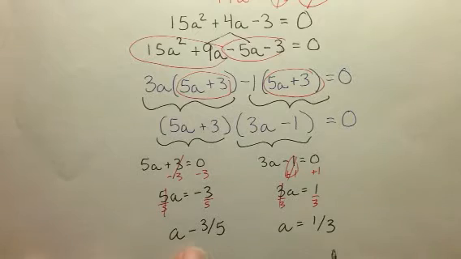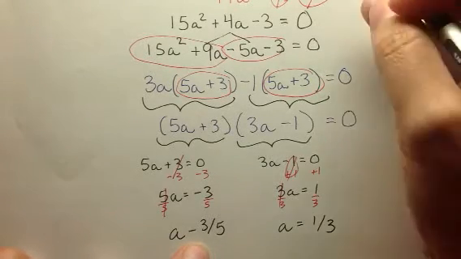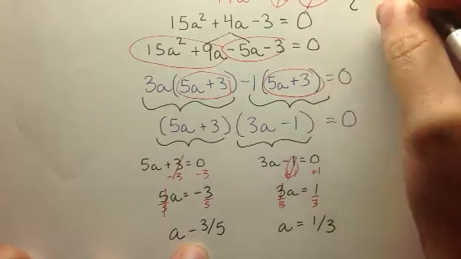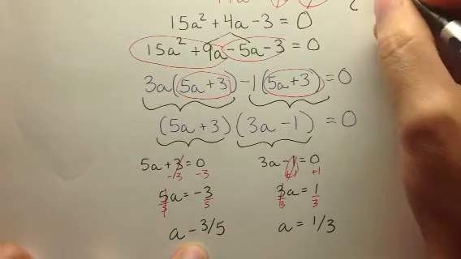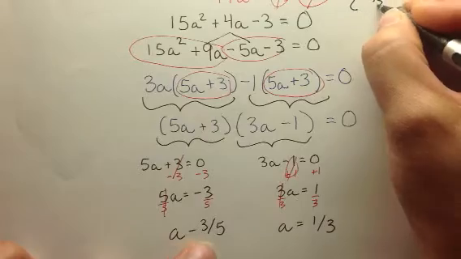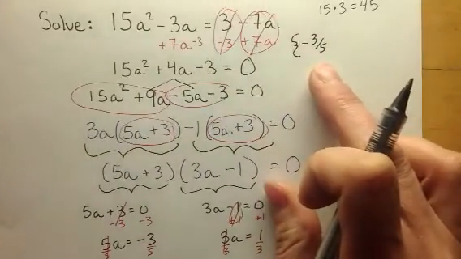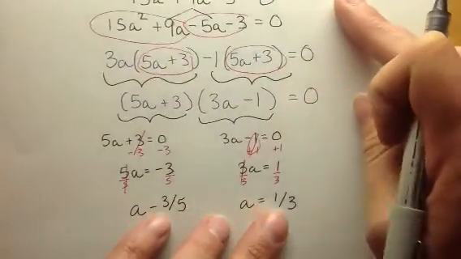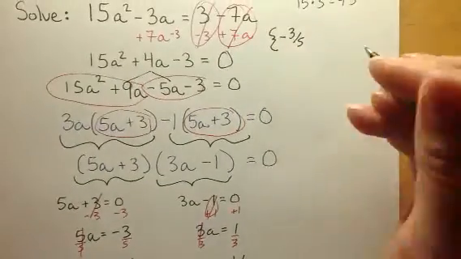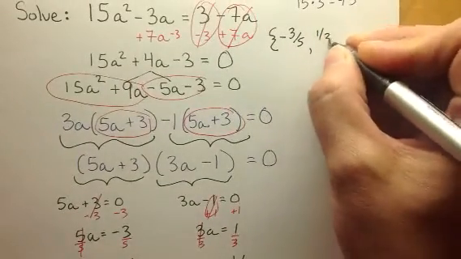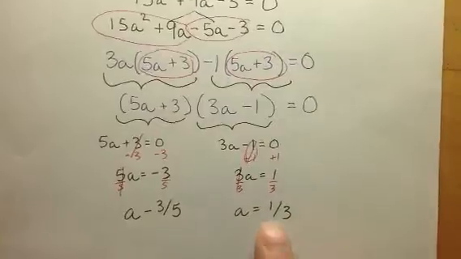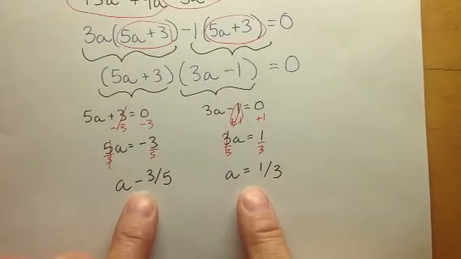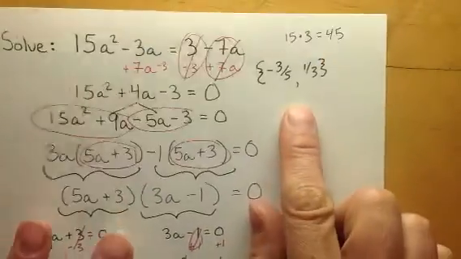So I'm going to move these up to the top and I'm going to use my calculator to check them. So my solution set here is negative 3/5, okay, and 1/3. So I just took these two and I'm now putting them up into a solution set.